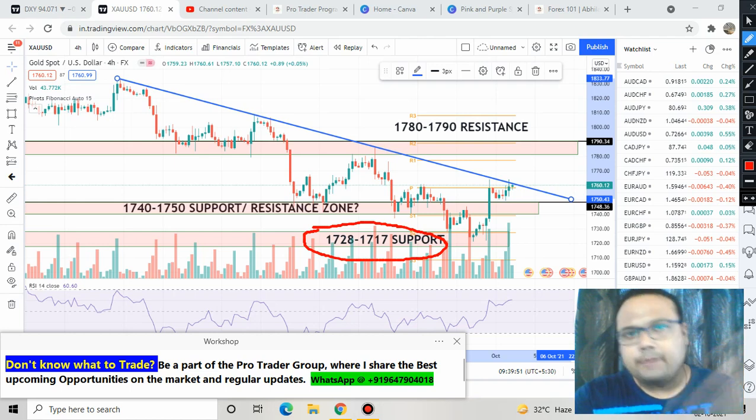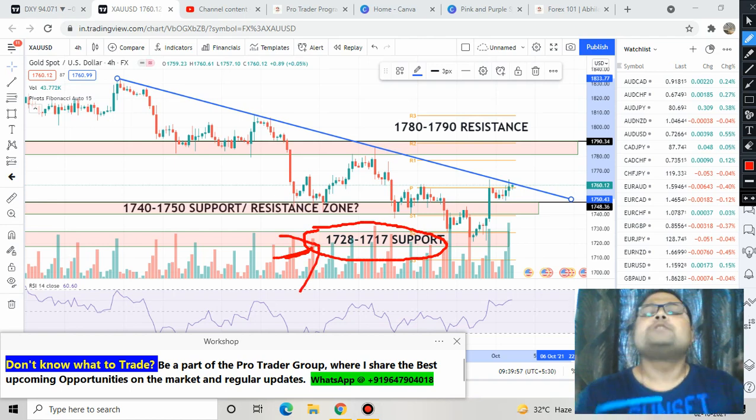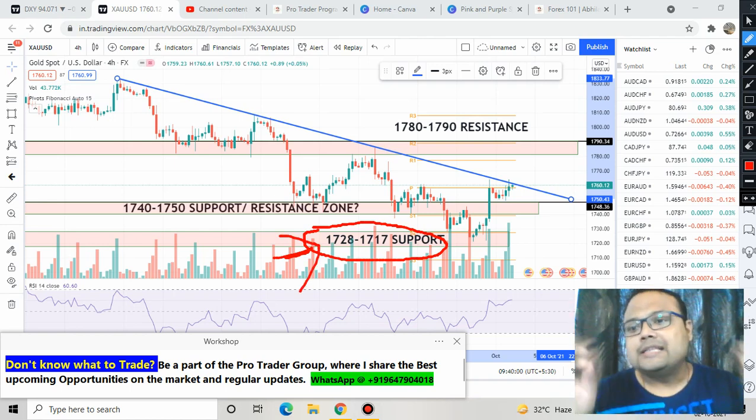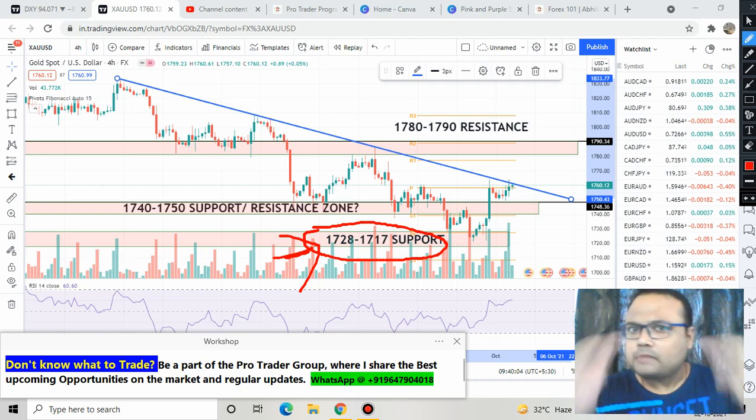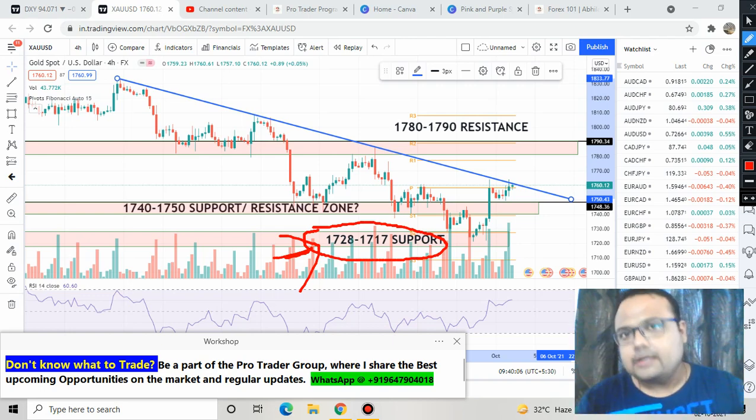If you have watched my previous video, you know I have been talking about this support level for quite some time, and as per our expectations, this level really acted as support. It is still there in the market and will act as support in the future as well. This is the second level that should be present on your charting platform. So this trend line is the dynamic resistance, and this is the ultimate support for the market.